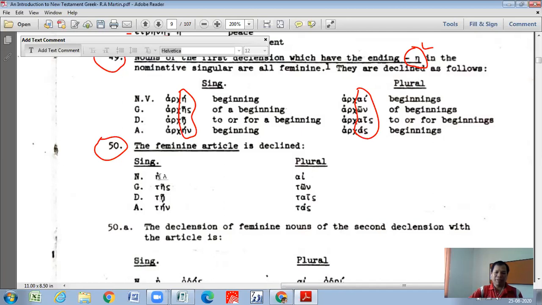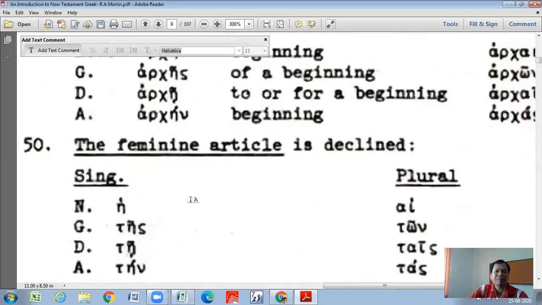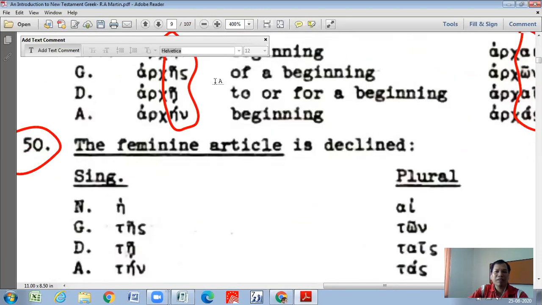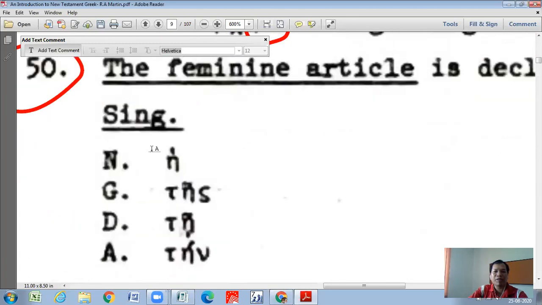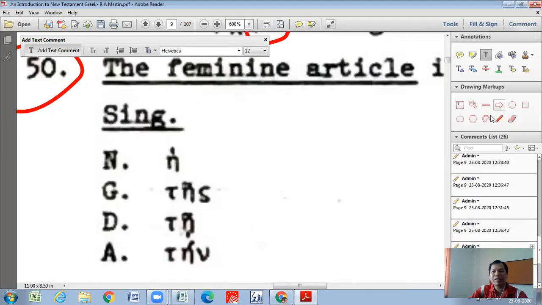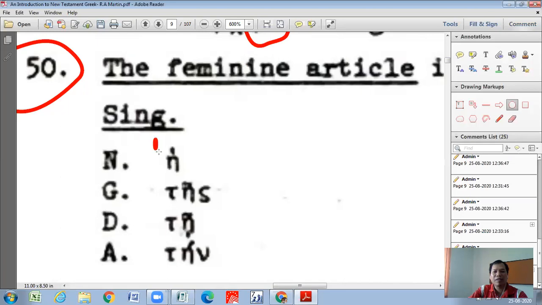Now in feminine, look carefully. There is a rough breathing. Let me zoom for all of us. There is a rough breathing in he. Are you able to see? Yes, sir.